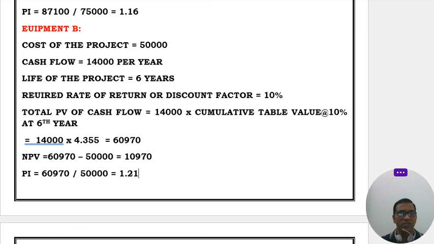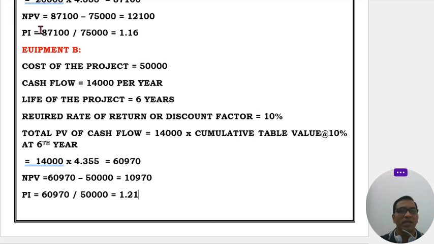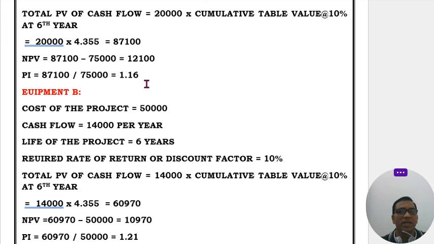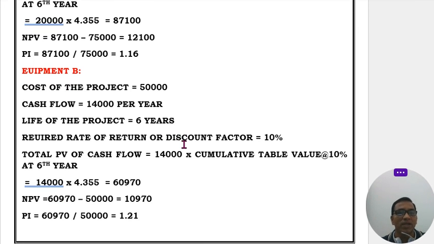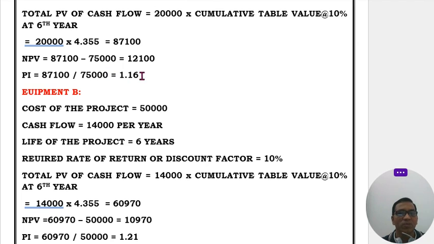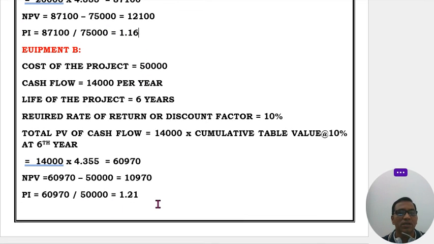Now check, what is equipment A NPV? 12,100. Equipment B NPV, 10,970. So based on NPV, which one will you choose? Equipment A is selected. But coming to the PI value, the profitability index, A is 1.16 and B is 1.21. PI is giving more for equipment B.